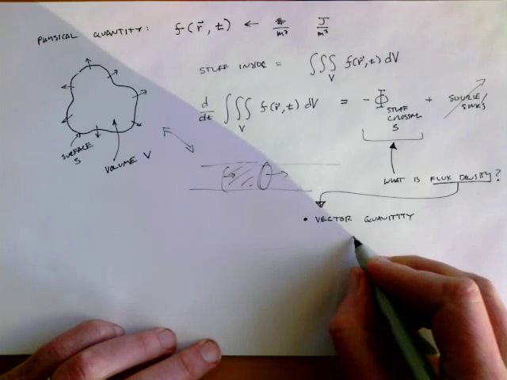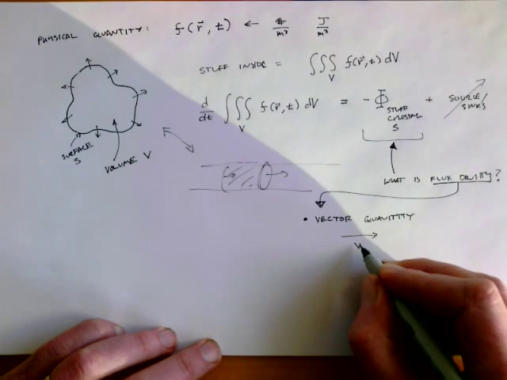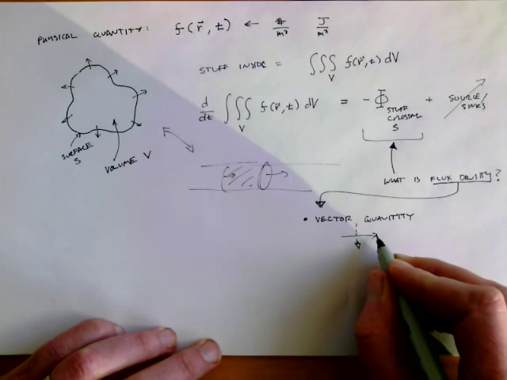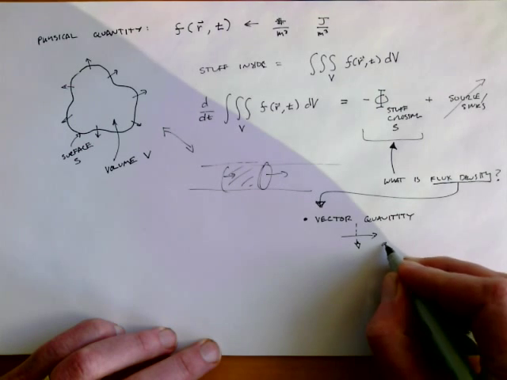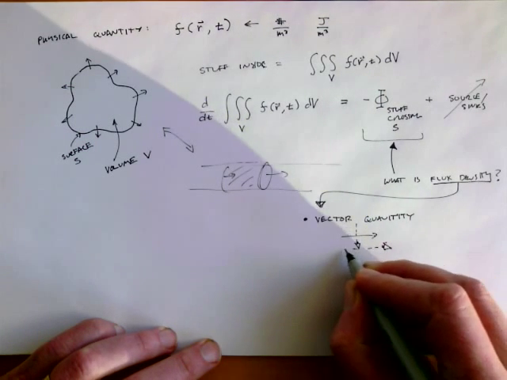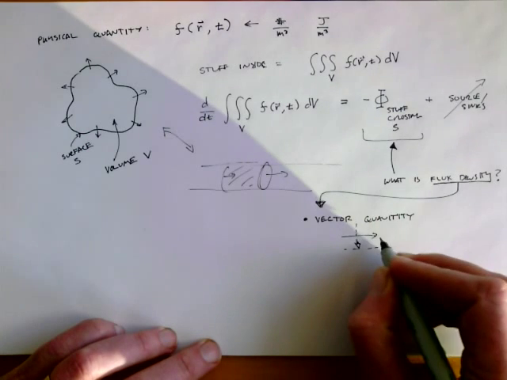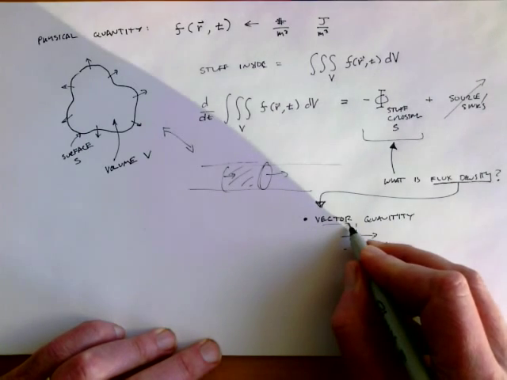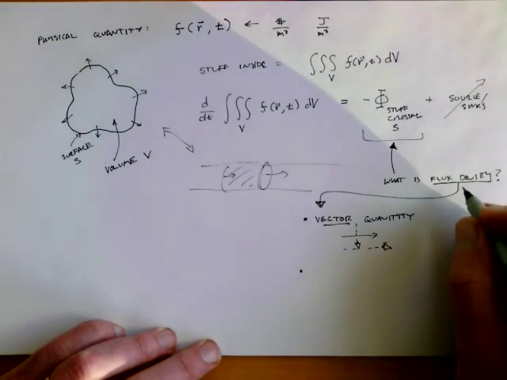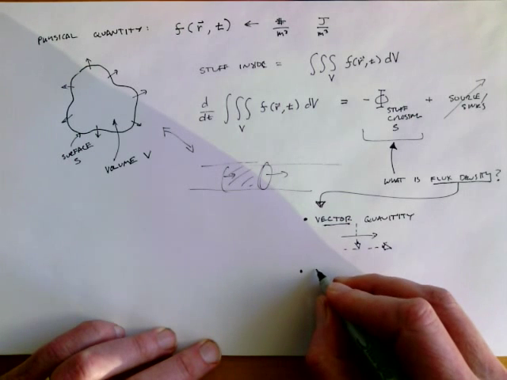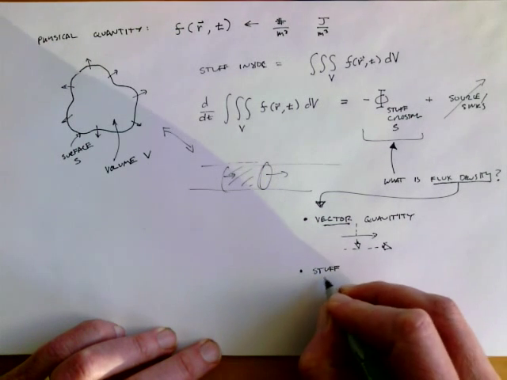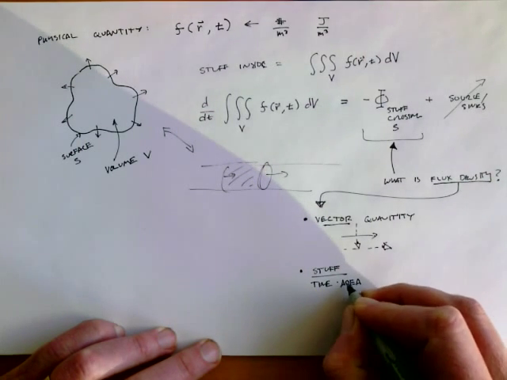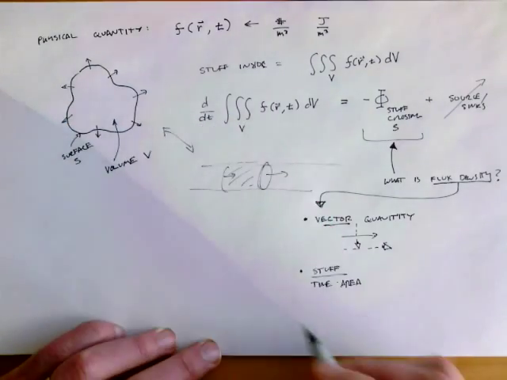So if I think about having a flux density that's in that direction, what that says is if I'm watching in this way with some plane oriented like that, I see things crossing that boundary per unit time. If on the other hand I were watching, say, in a plane in this direction, I wouldn't see anything crossing this plane because the flux density would be parallel to that plane instead of normal to the plane. So flux density is a vector quantity, and the units of flux density are basically stuff per unit time per unit area if we're talking about a three-dimensional volume enclosed by a two-dimensional surface.